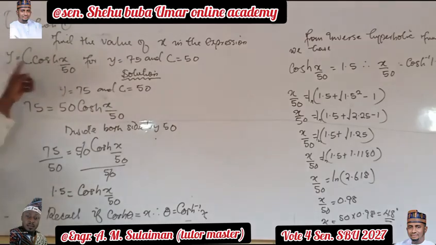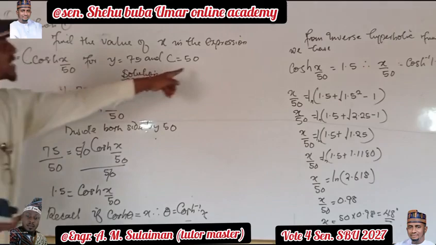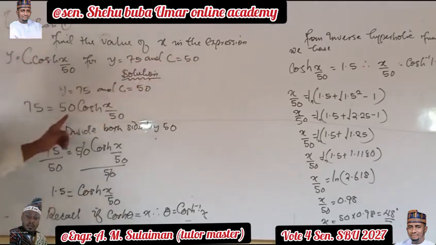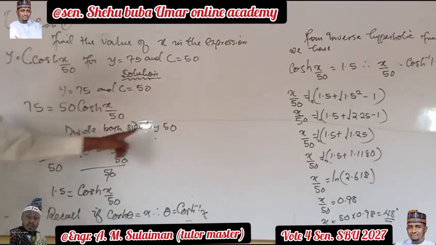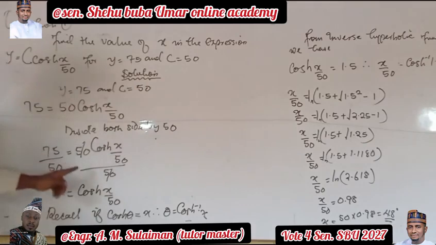In place of y, you put 75, and in place of c, as given, you put 50. Then we divide both sides by 50. 75 divided by 50 gives us 1.5. Therefore, 1.5 is equal to cos x all over 50.